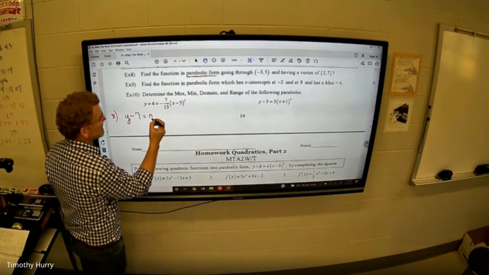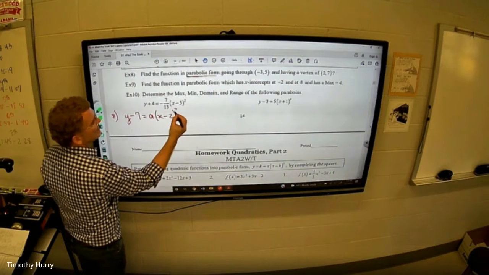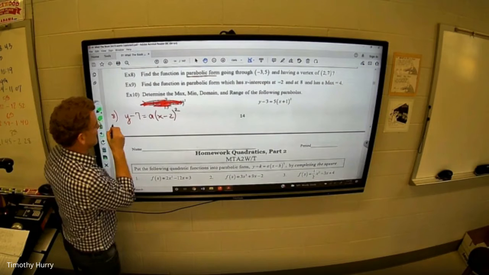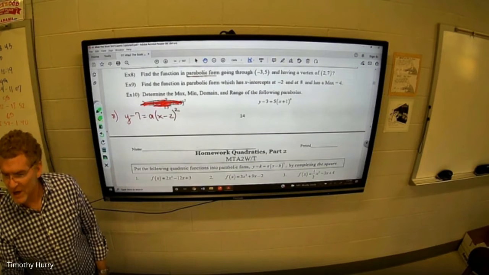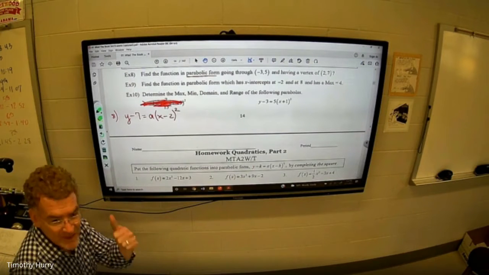Nope. A times x minus 2 quantity squared. So ignore all this 9 and 10 and all this stuff right here. I'm just working number 8. Now, what do you think you could do to find the a value that goes with this particular parabola?